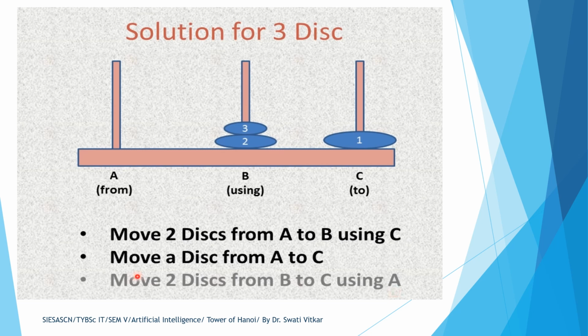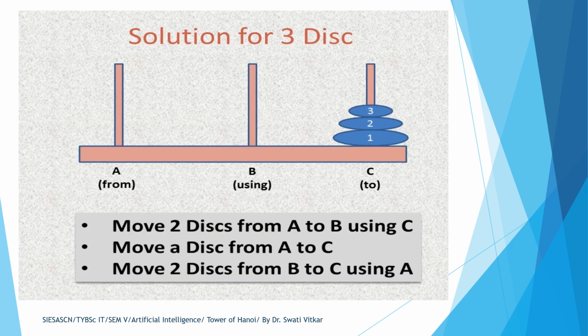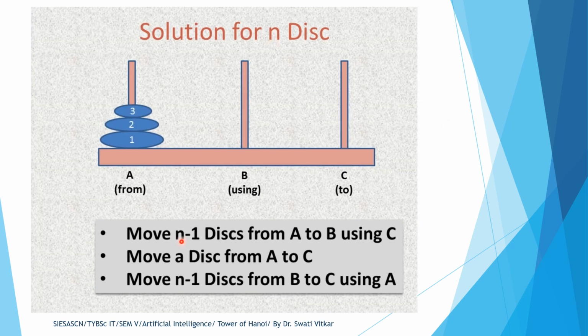And that is why we have written move two disks from B to C using A. So always we are using the auxiliary tower as the using tower. So here we have transferred these two disks from this tower to this tower, and we have already seen how two disks can be moved from one tower to another tower previously.